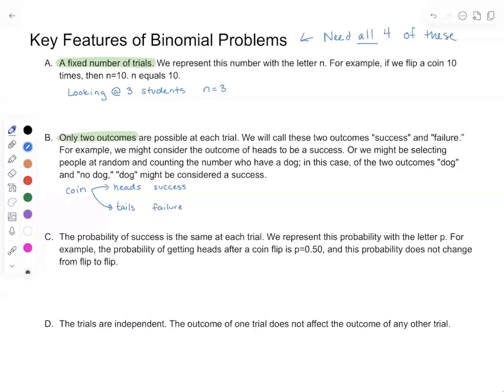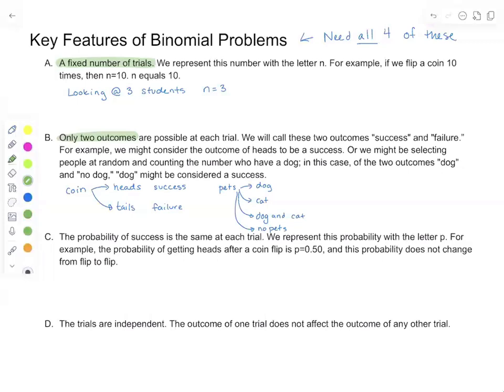Now, we could have more complicated situations, like maybe if I'm thinking about pets, someone could have a dog, someone could have a cat, someone could have a dog and a cat. Someone could have no pets. I've kind of run out of room for birds and lizards, so we'll just stick with this for a second. If I wanted to use a binomial model here, I would have to simplify this.